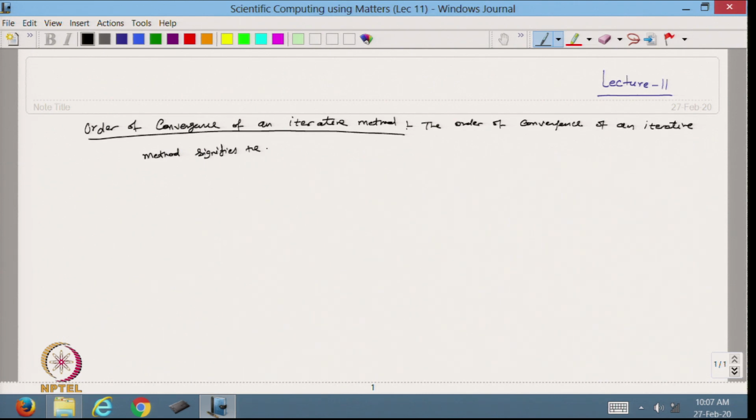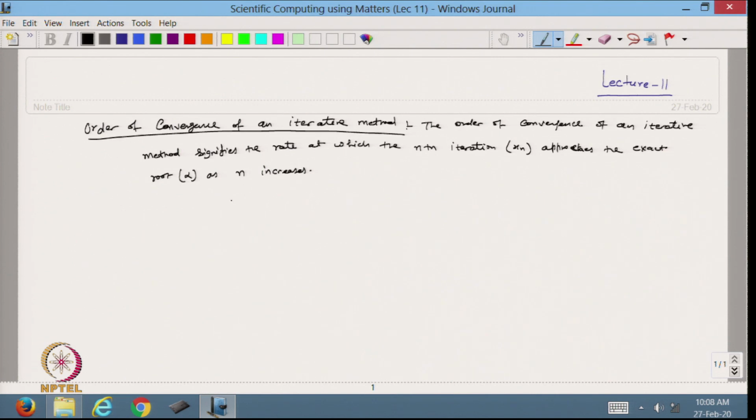The order of convergence of an iterative method signifies the rate at which, for example, the nth iteration, maybe I represent it by xn, approaches the exact root, maybe I call it alpha, as n increases.